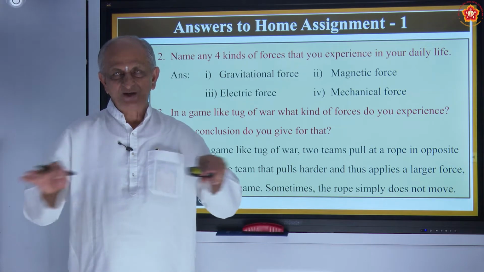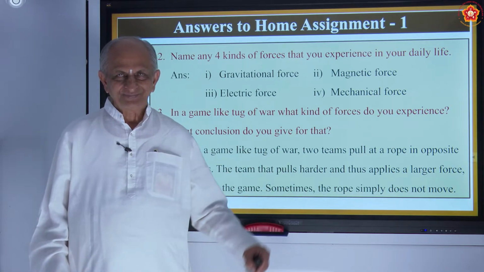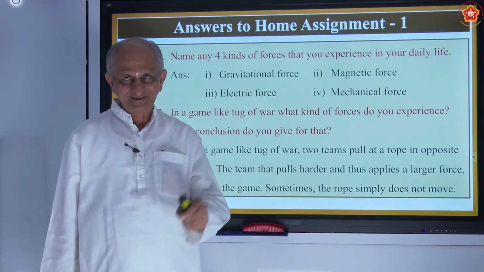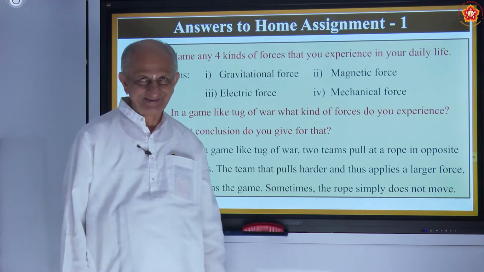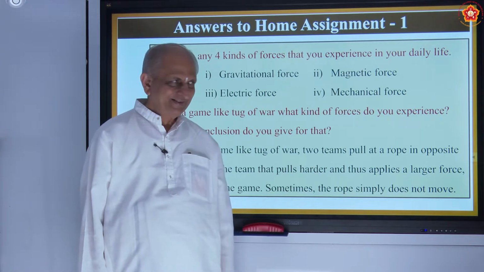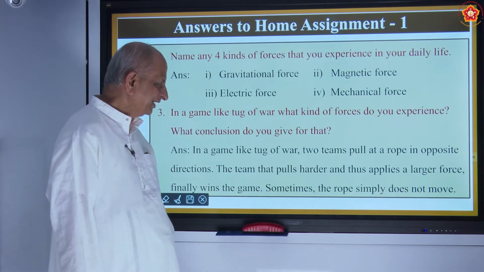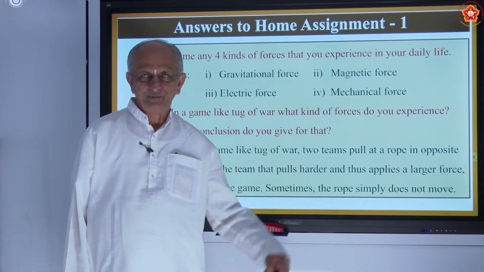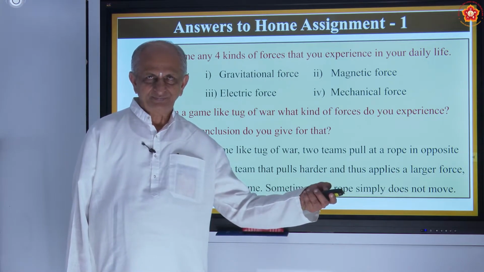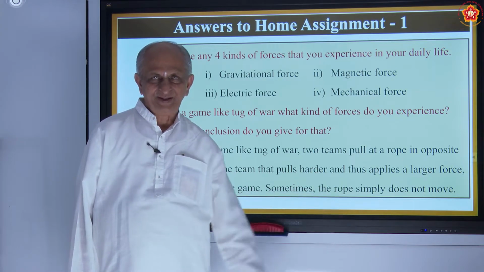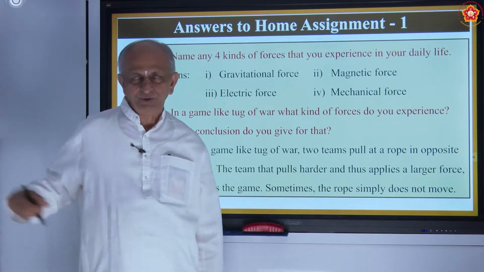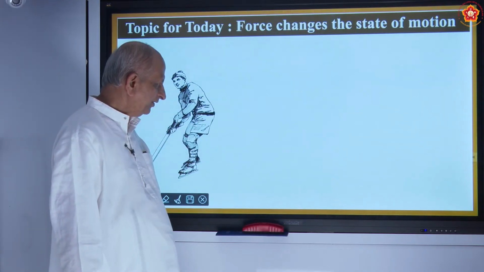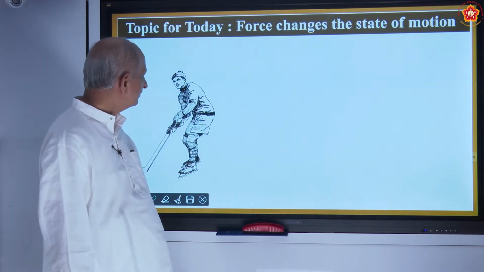If the 2 teams are of equal strength, the indicator in the middle will go this side, that side, and it is very difficult to decide. Correct? So, in the case of 2 teams which are equal. And if one of the teams is weaker, they will be defeated because the stronger team will pull in that direction. So, these are examples of application of force.